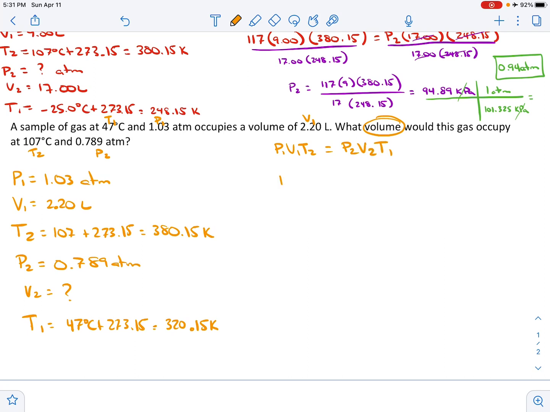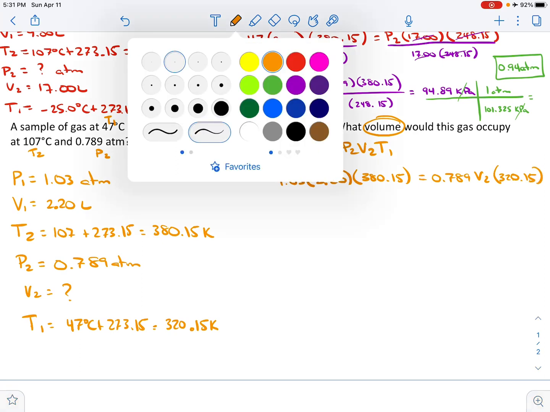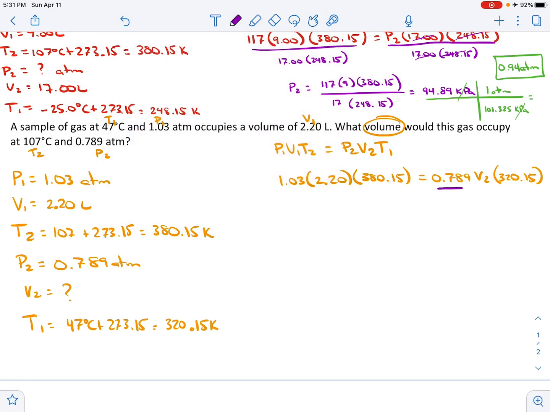So let's plug it all in. 1.03 times 2.20 times 380.15 is equal to 0.789 times V2 and times our first temperature, which is 320.15. All right. So again, we want to isolate there. So we're going to divide by 0.789 times 320.15, trying to get the V2 by itself.